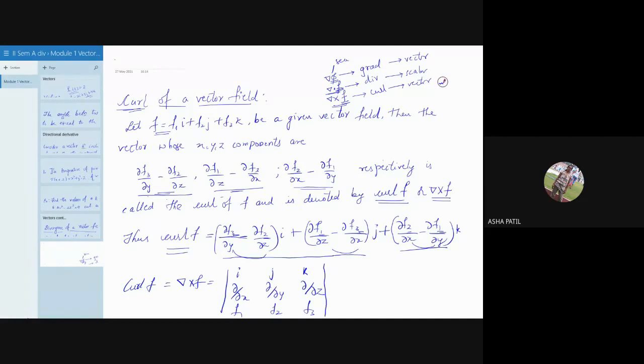So this will give you the del cross F term, the curl of the function. Is it so? Did you verify? Is it correct?